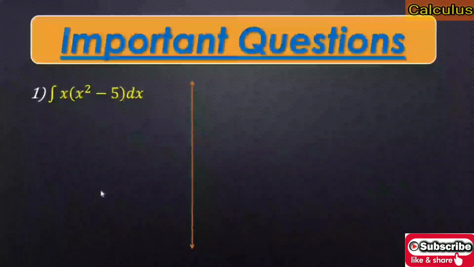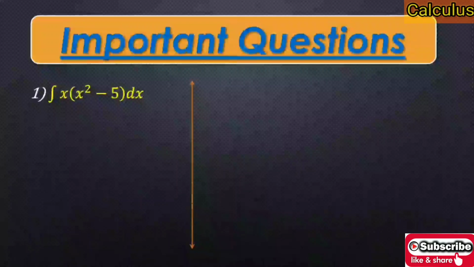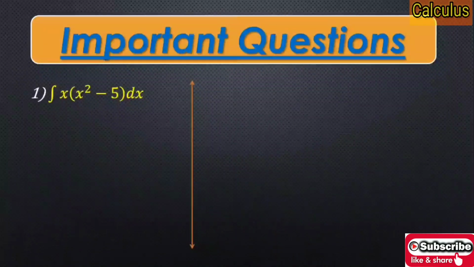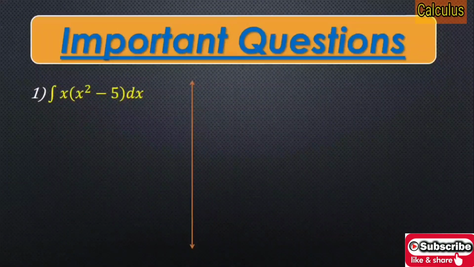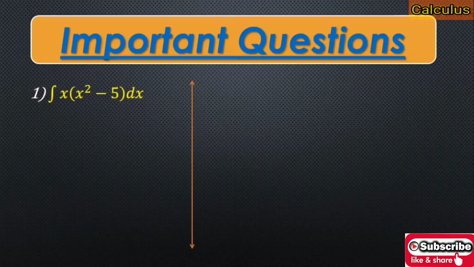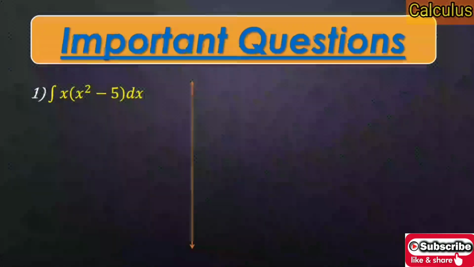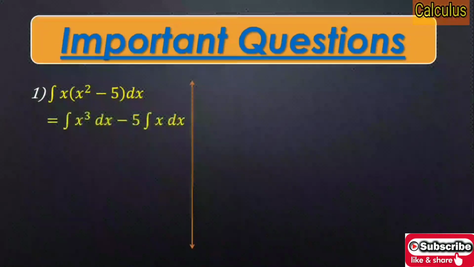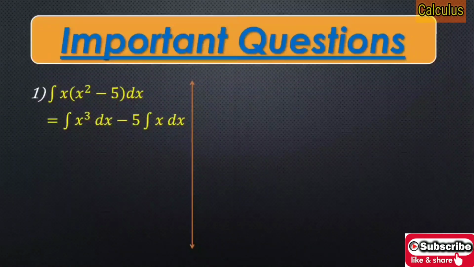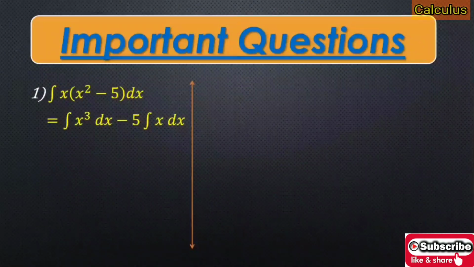Here are some important questions you can see. In number 1, you can see integration of x square minus 5 times x. You can just multiply with x and separate the integration sign. That becomes integration of x cube dx minus 5 integration of x dx.